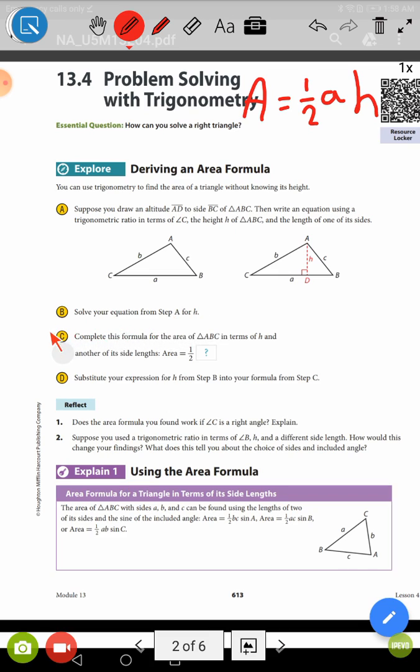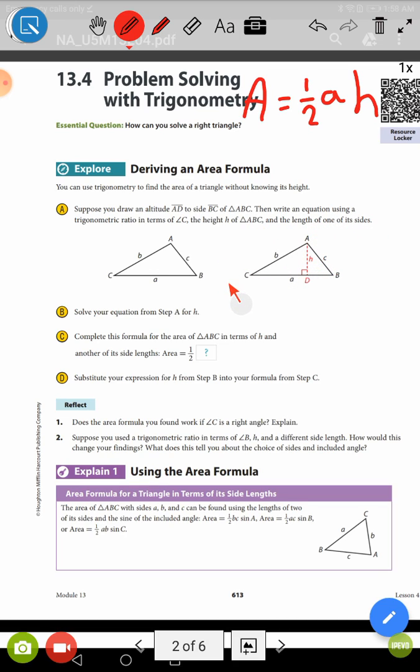How? Look at me. Step number one, write an equation using a trigonometric ratio in terms of angle C and the height h and the length of one of its sides.